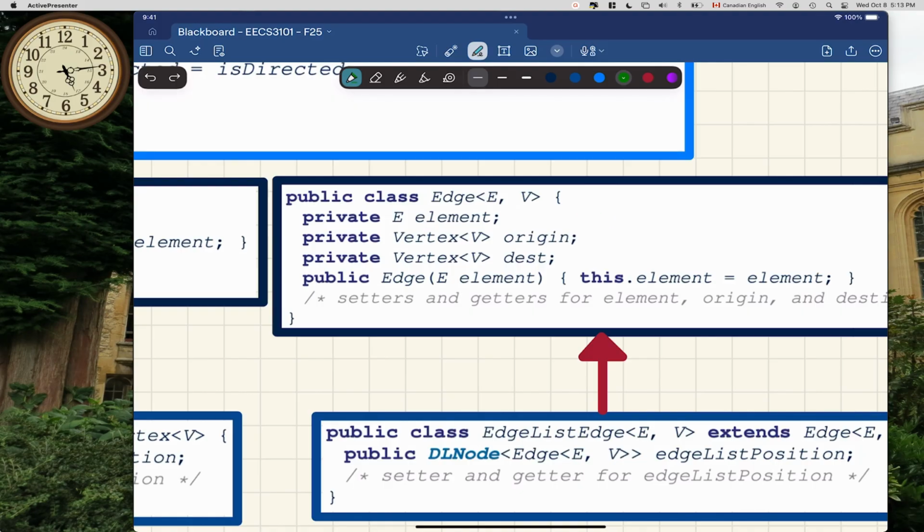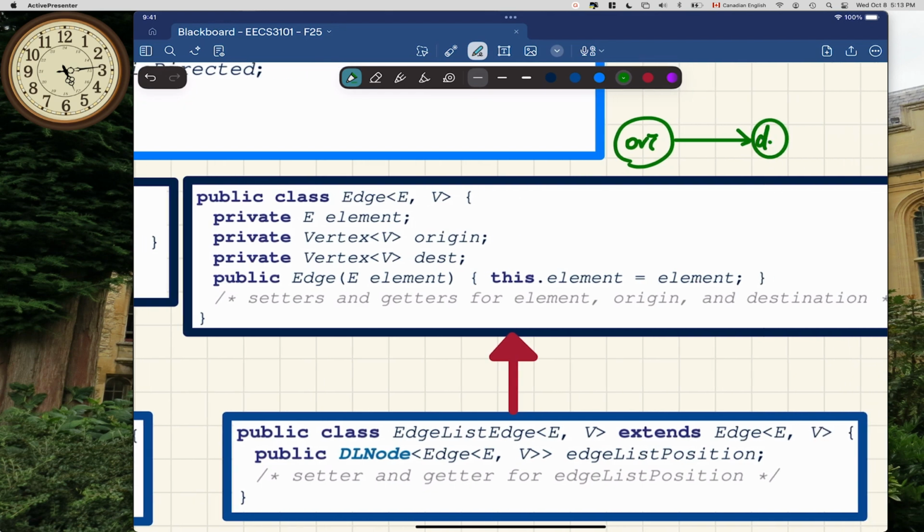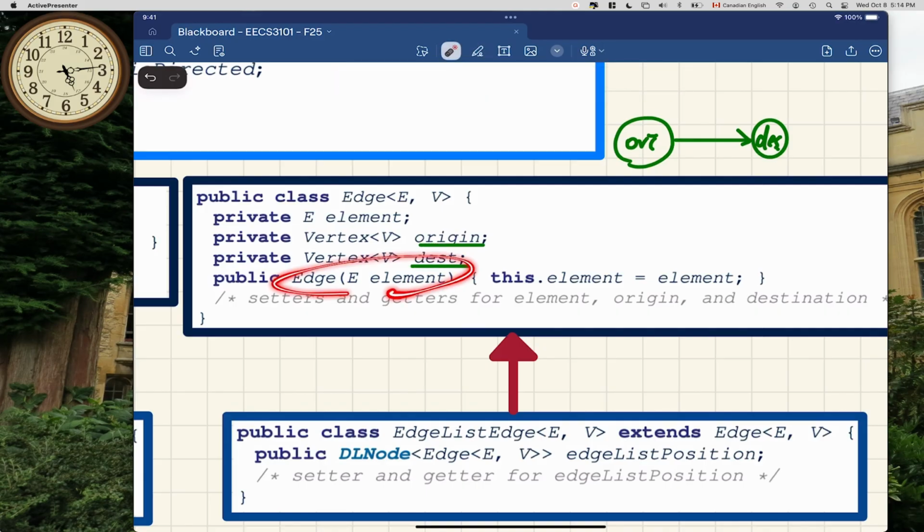Let me write it down here. So these are the two, origin and destination. And then when we first create a new edge object, we simply set the element accordingly, right? So these are the two classes, very simple.